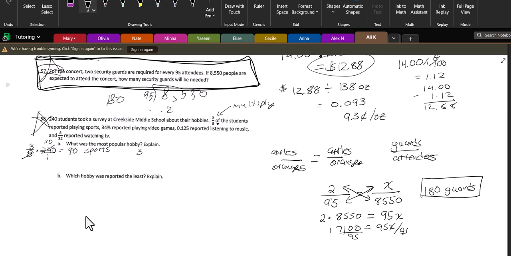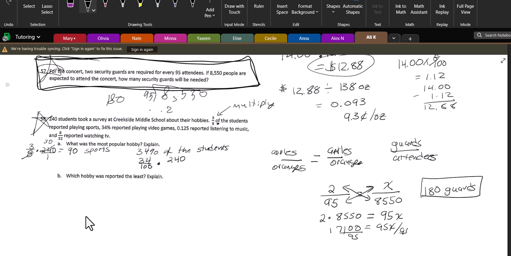I have 34% reported playing video games. Well, 34%, that's the same as saying 34% of the students. Of means multiply. So 34% is 34 over 100 times our number of students, which was 240.